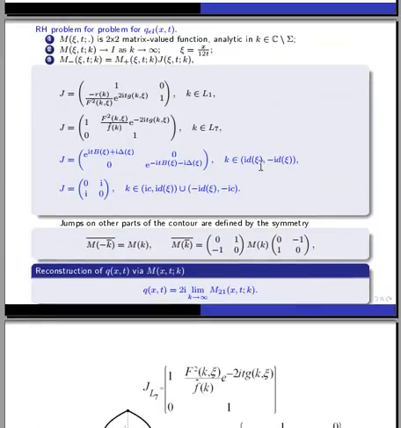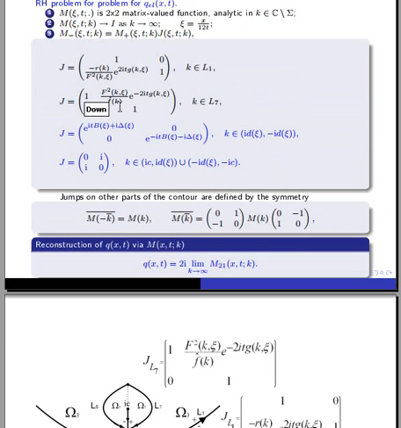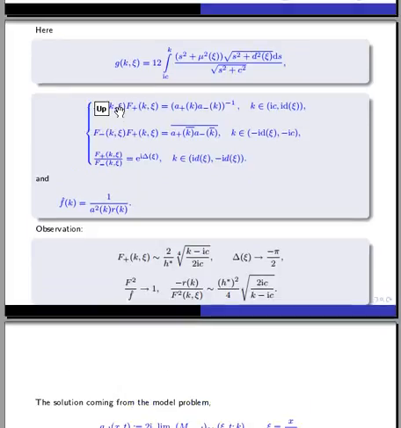Here the quantities d, delta, and b were already defined before. R of k here is a reflection coefficient, and the functions F capital, f hat, and g are determined in the following form. So we see that the function g is determined just by the background constant c.